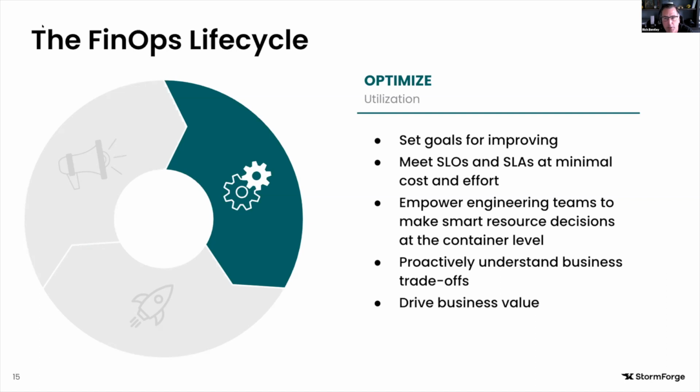And again, we want to empower engineering teams to make smart resource decisions at the container level, right? So as they're configuring their Kubernetes app, what is the best configuration that I can deliver in order to really effectively run my application with the right performance at the lowest cost, and really understand those trade-offs that have to happen in order to make sure that I'm driving business value.